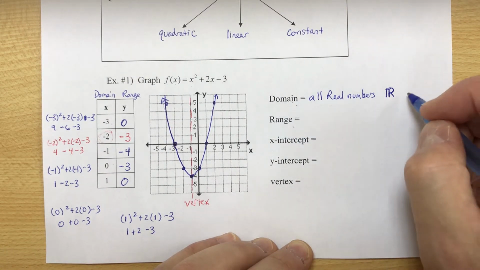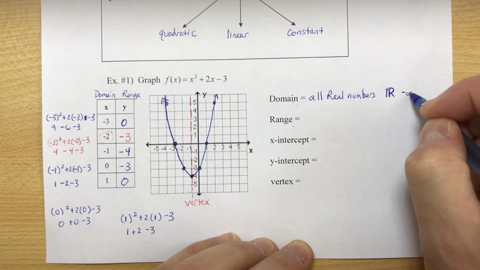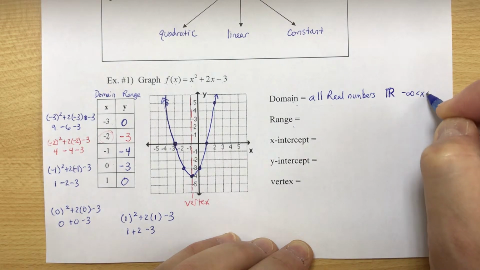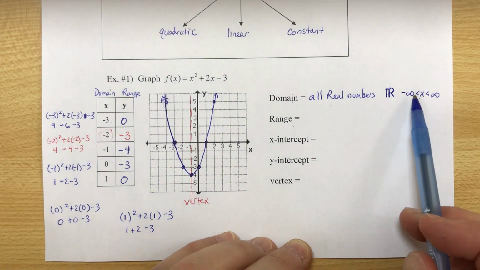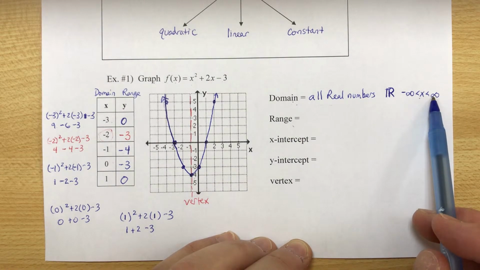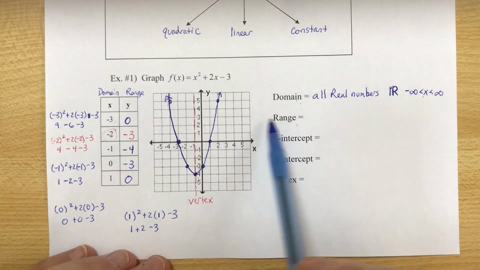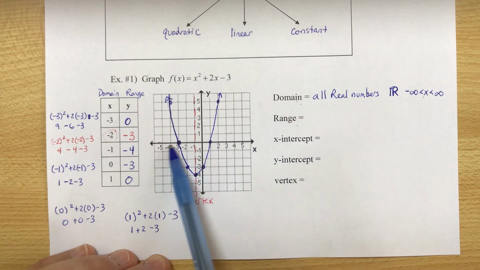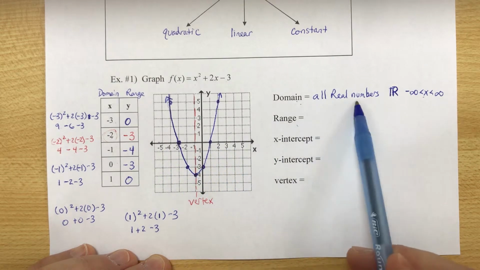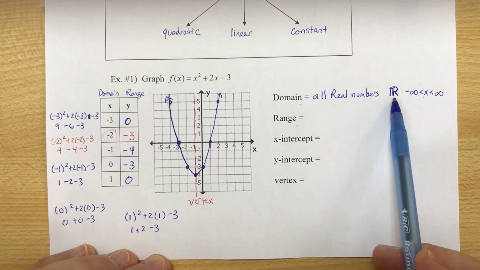We can say -infinity is less than x is less than +infinity. Our x values are from -infinity to +infinity. In other words, we keep going to the left and we keep going to the right. So all the real numbers. So the easy way, I think, would just be all real numbers.